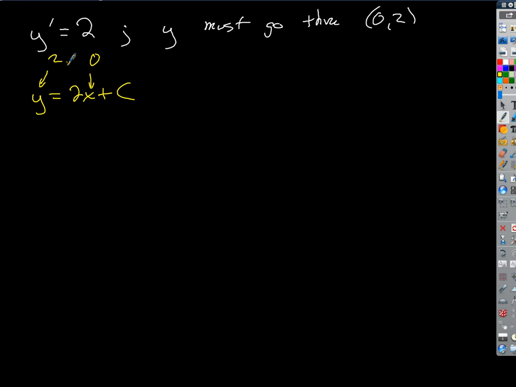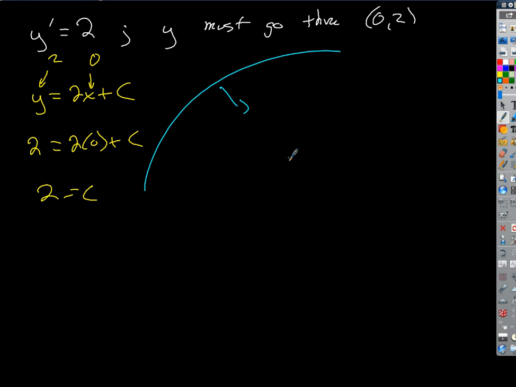So what if we plug that stuff in? We're going to get 2 equals 2 times 0 plus c. So what's the value of c? 2, yeah. And so all this stuff right here gives us the specific answer, y equals 2x plus 2.